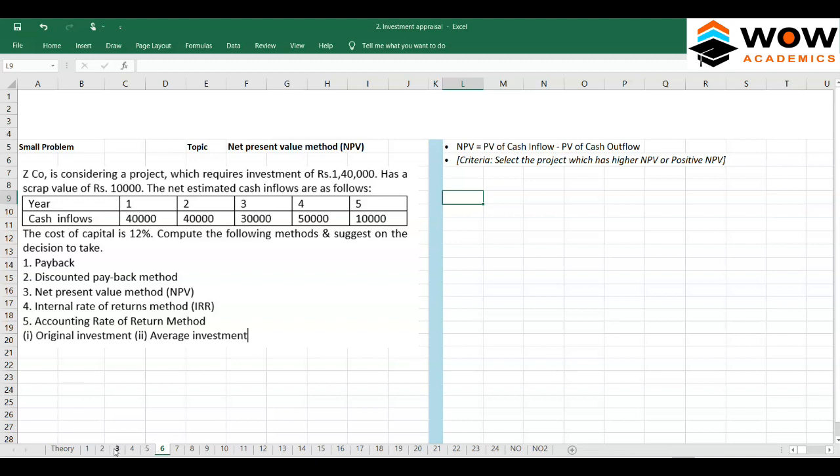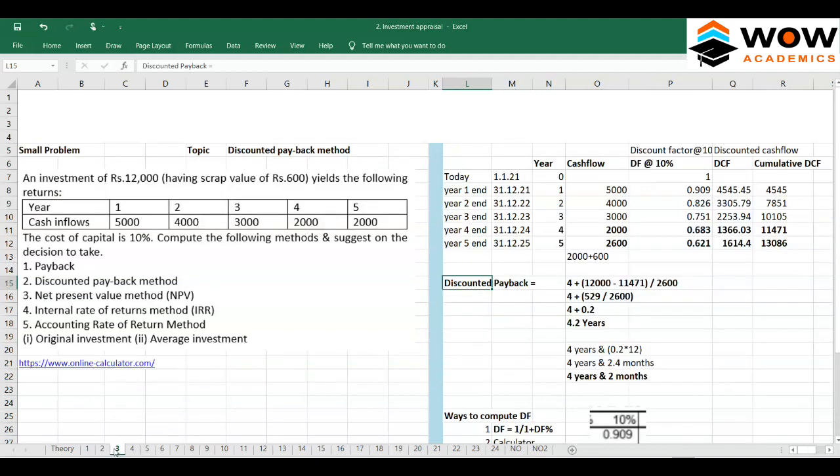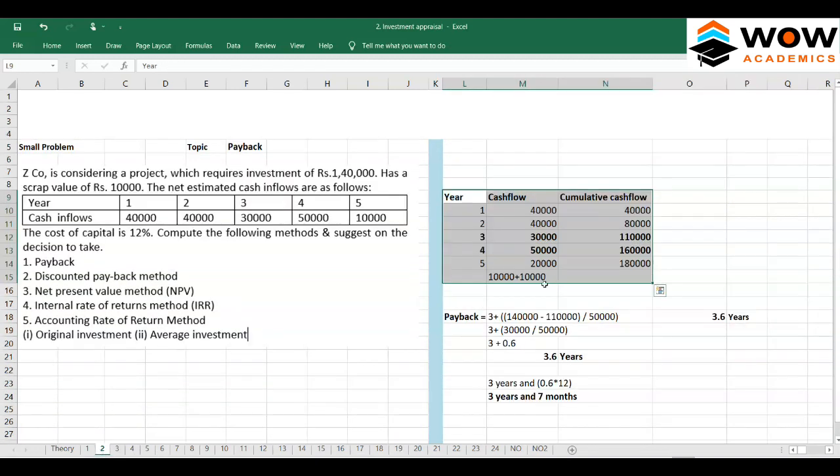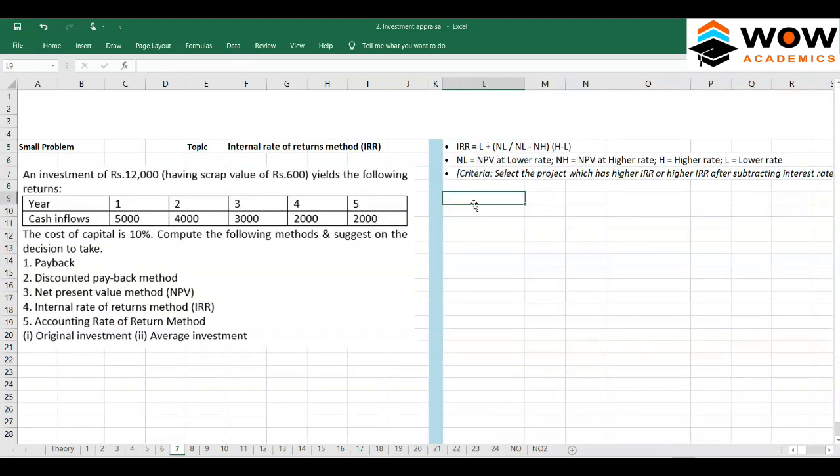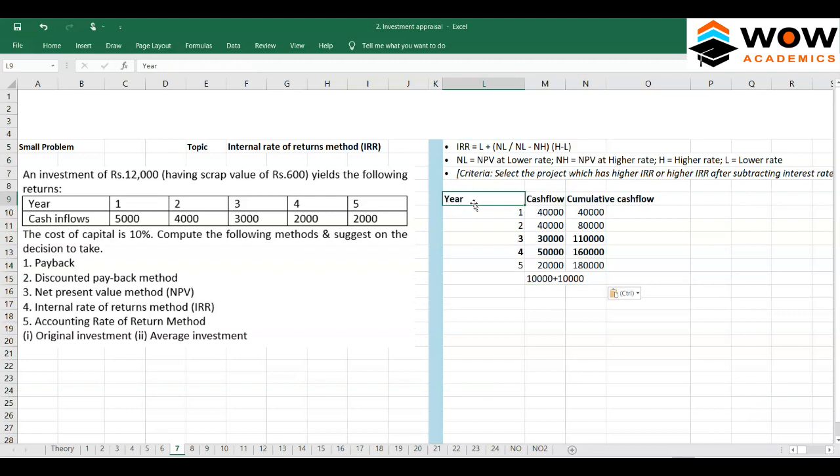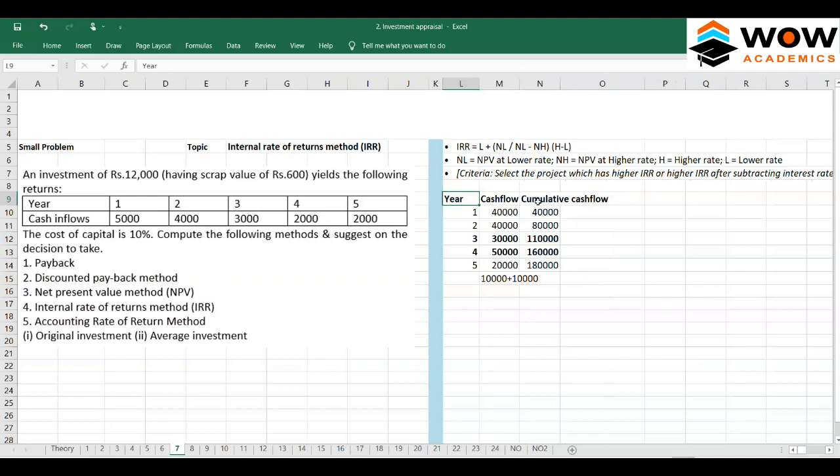So let's get the numbers. So again, what we require.